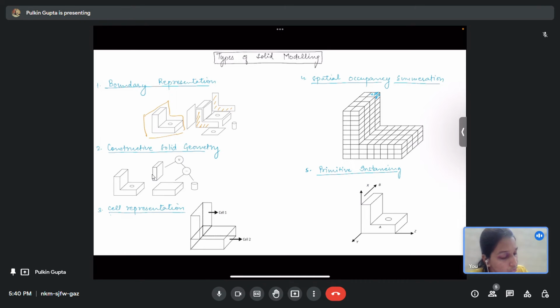Okay, so solid is represented by means of bounded faces, and bounded faces are represented by means of edges and vertices.